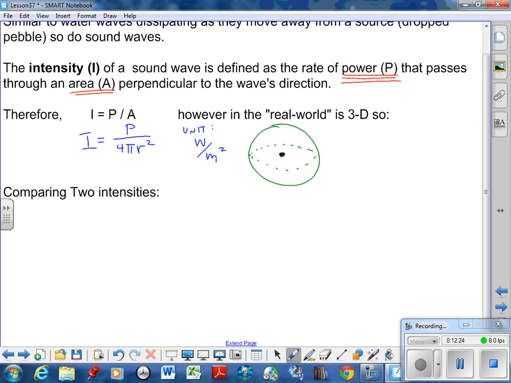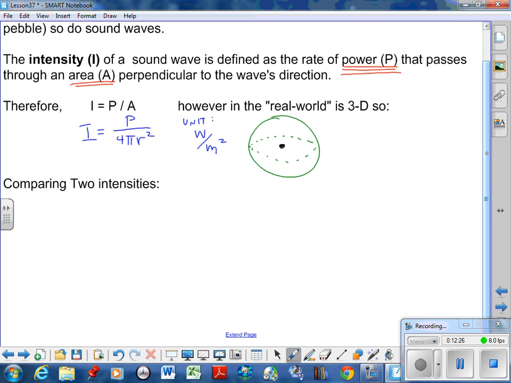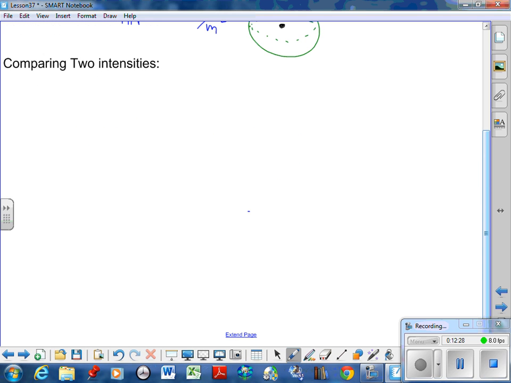All right, so comparing two intensities. So if I look at comparing two intensities here, I'm just comparing the two formulas. So if I do a ratio of I1 over I2, I would equal the power for an object over 4 pi r1 squared, divided by the power of a new distance.